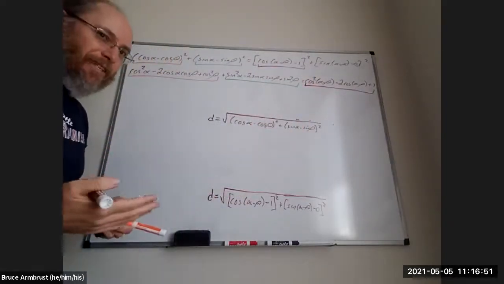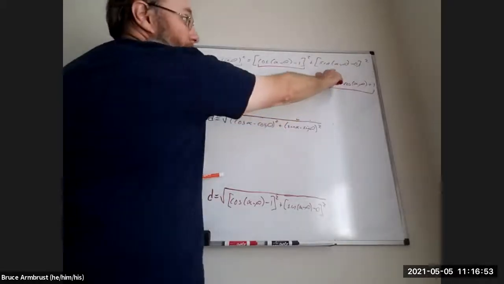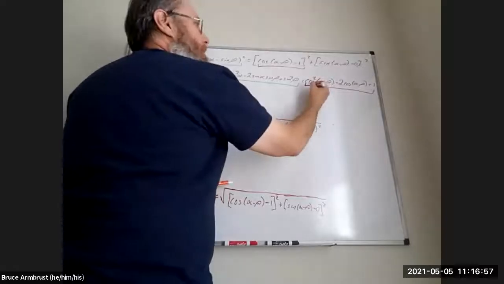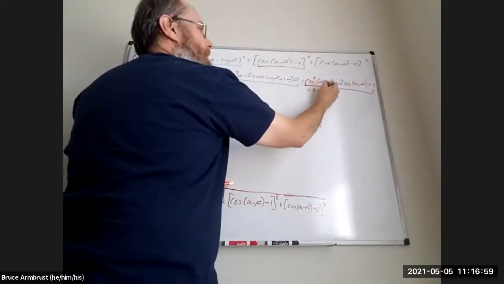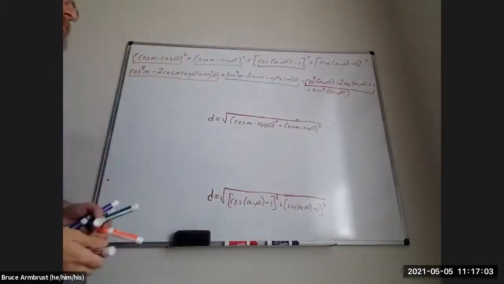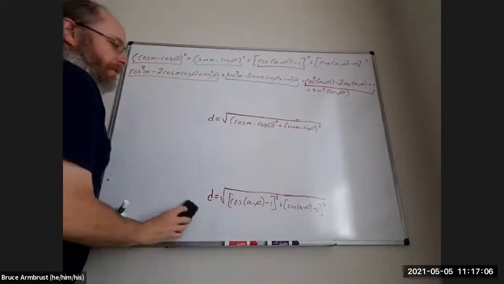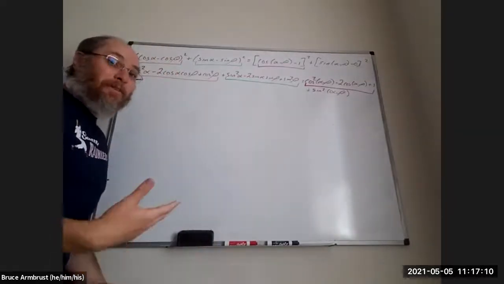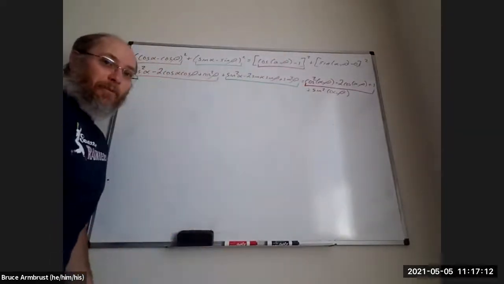And then the last one's actually not that bad, because when we subtract 0, nothing happens. And then we square sine, we get plus sine squared of alpha minus beta. All right, so that was so long, I couldn't even do it all across the whiteboard.